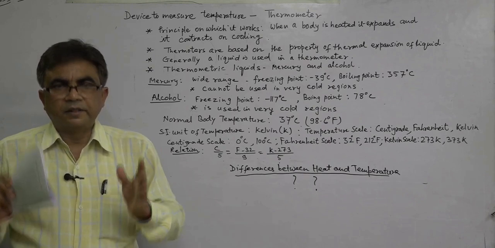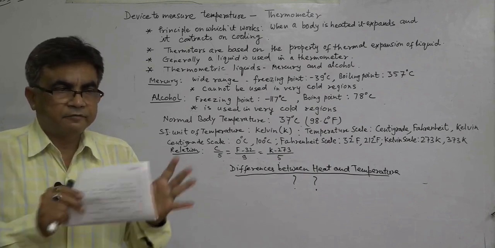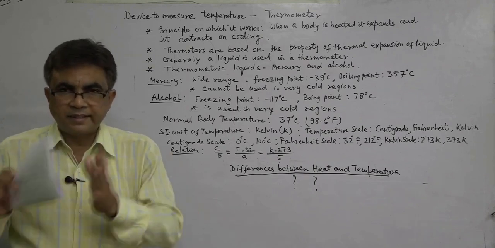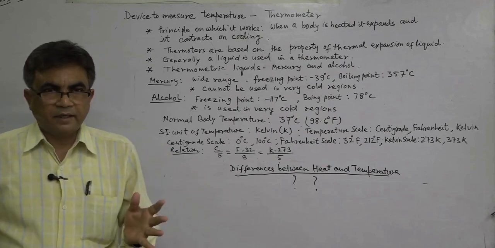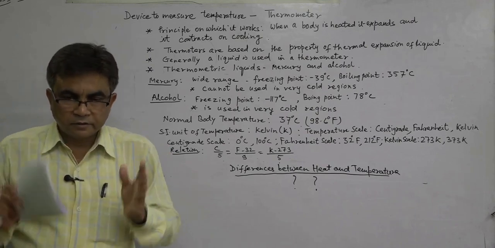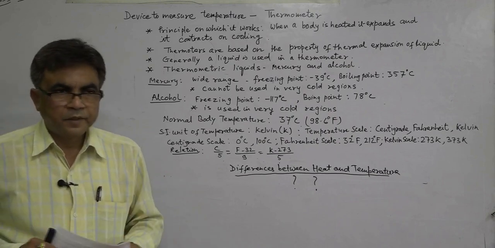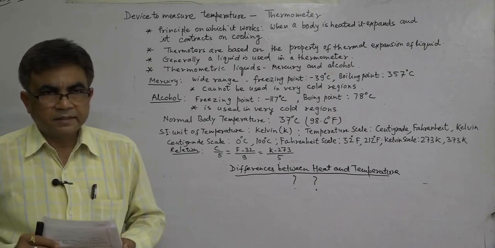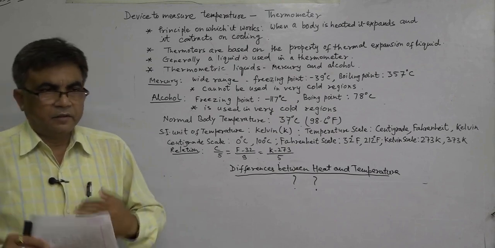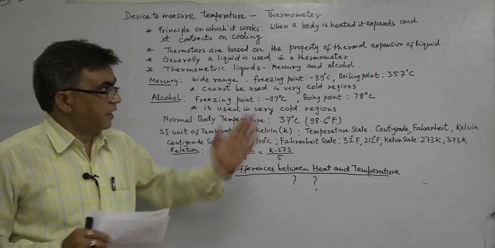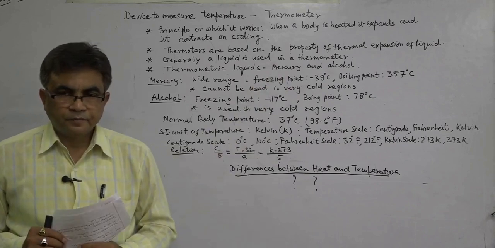It works on the principle that whenever a body is heated it expands, and whenever the body is cooled it contracts. Or you can simply say liquid thermometers work on the principle of thermal expansion of liquids.